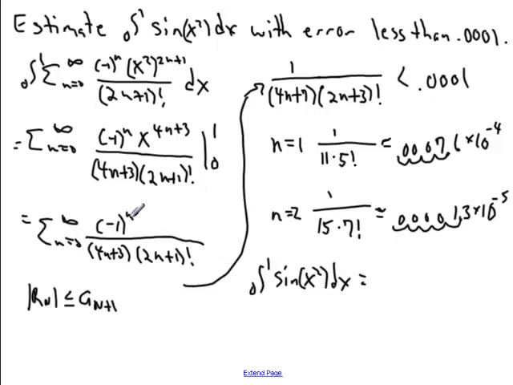So if we plug in 0, that's going to be 1 over 3, just 1 over 3. Double check that: negative 1 to the 0 is 1. 4 times 0 plus 3, 3. 2 times 0, 0 plus 1, 1 factorial, 1, so that's 1/3.